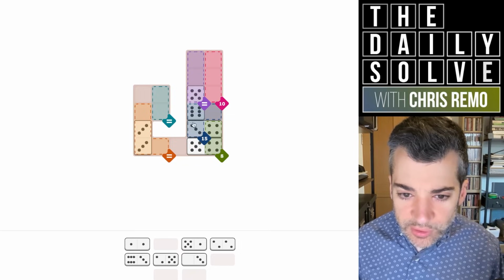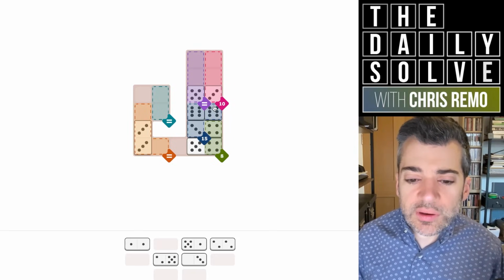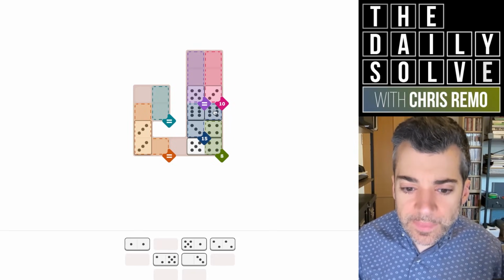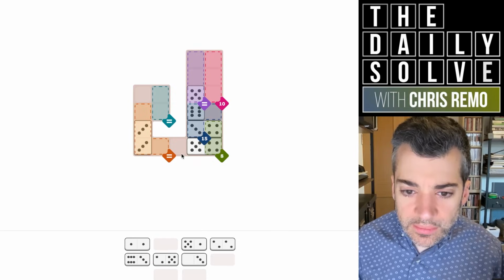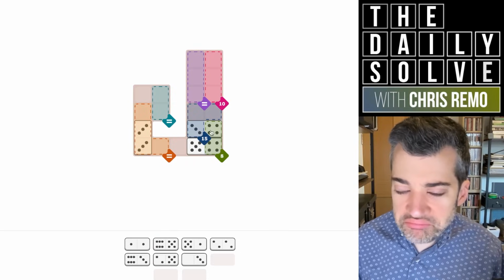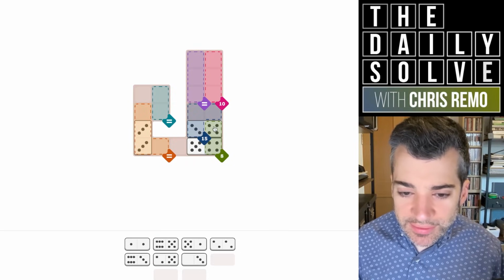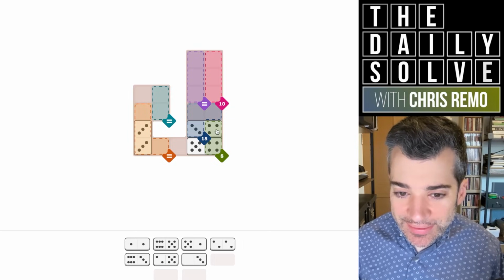Could I put a 6, 5 in here? No, it doesn't, because we've used too many 3s at that point. I mean, that doesn't work, but that's so minor. Who cares if the 4, 4 doesn't work with the 8 in that way?